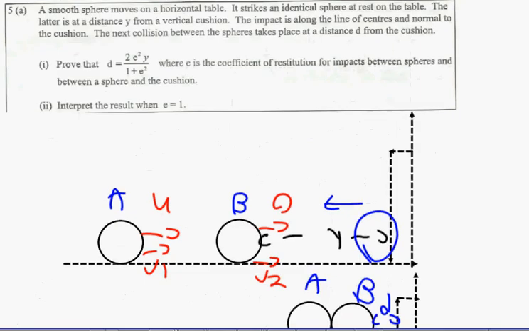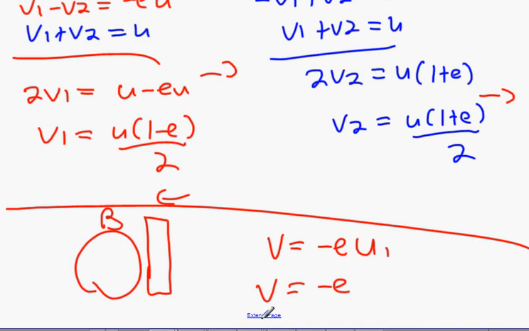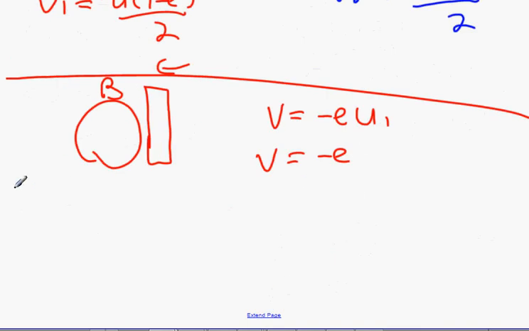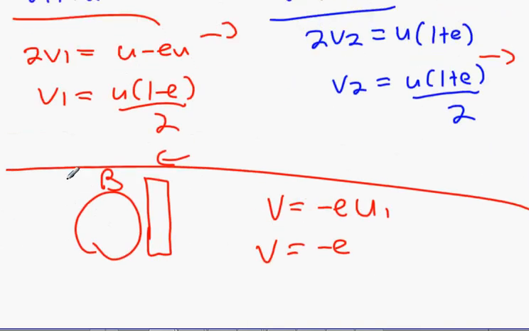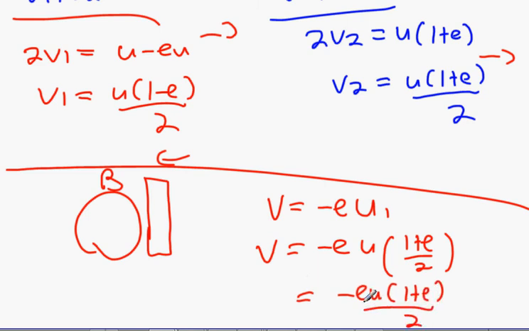So it's going to be minus E times V2, which is U into 1 plus E all over 2. So it's going to be minus EU into 1 plus E all over 2. That's its velocity on the way back.